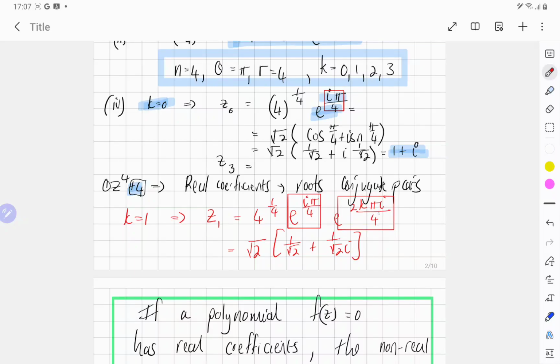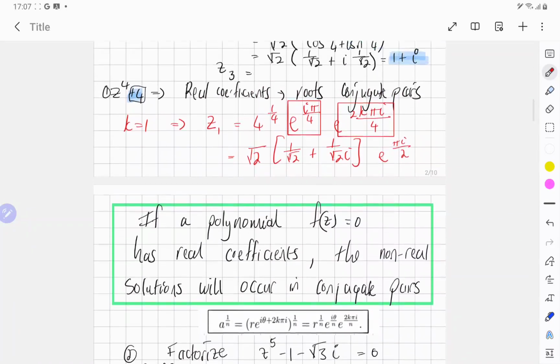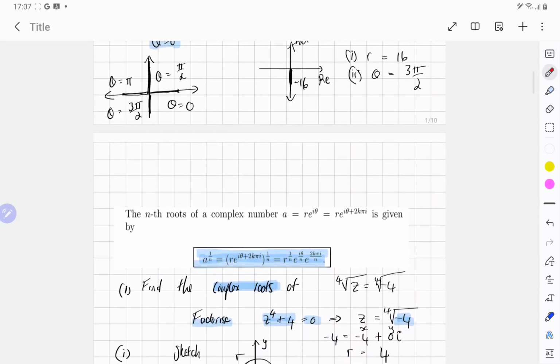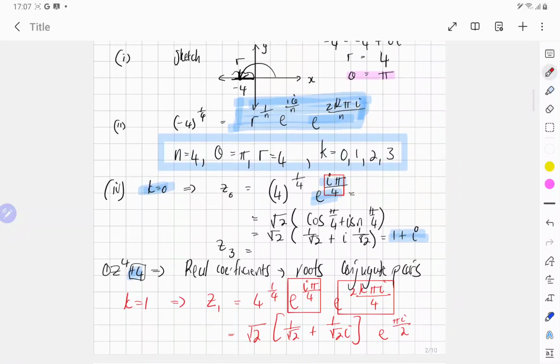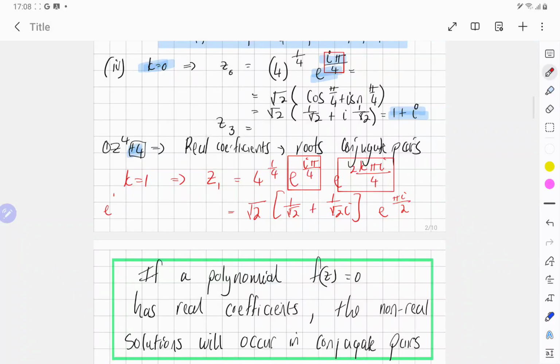Since k is 1, we will get e to the 2πi over 4, which is just e to the πi over 2.